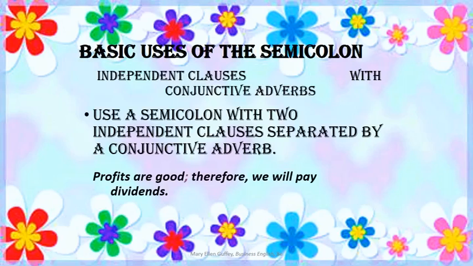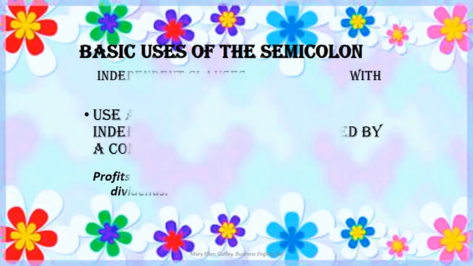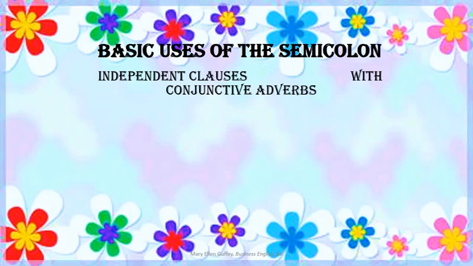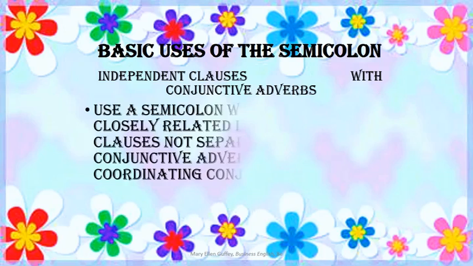We use a semicolon with two independent clauses separated by a conjunctive adverb. For example, profits are good; therefore, we will pay dividends. Now let's see some basic uses of the semicolon.